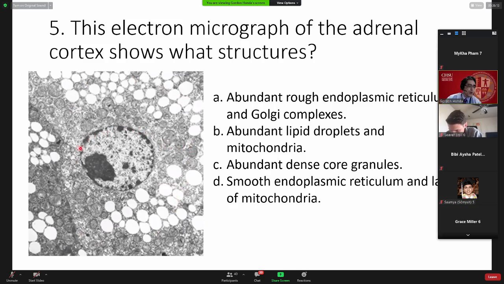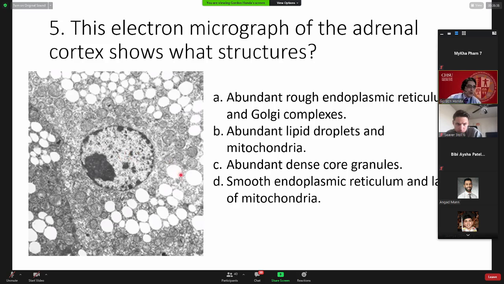What is this big round thing here? Group 9? I think that's a nucleus. That's right. Usually the big round thing with kind of grainy looking stuff, that's the nucleus. So that's a good place to start.